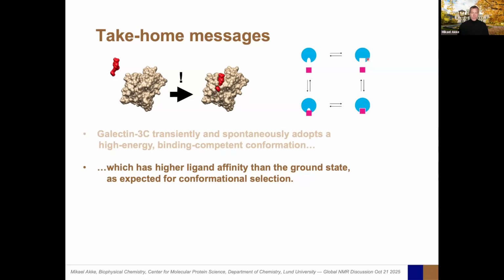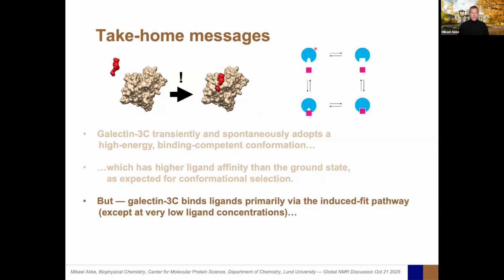And this alternative conformation actually does have a higher ligand affinity than the ground state does. And that's exactly what you would expect for a process where it binds via this upper right-hand pathway, the conformational selection pathway.